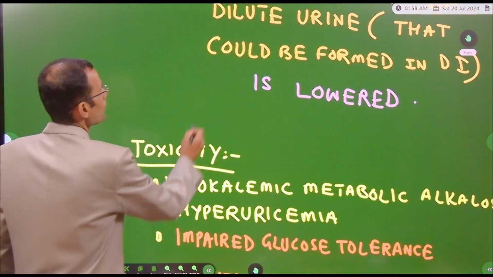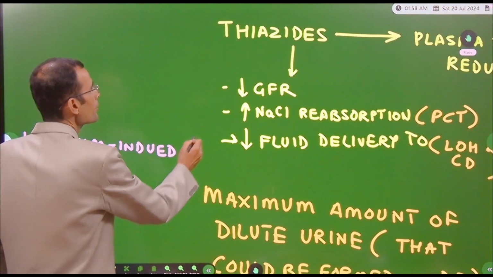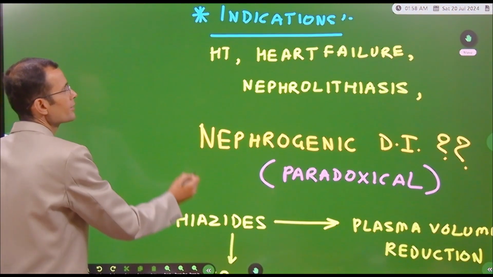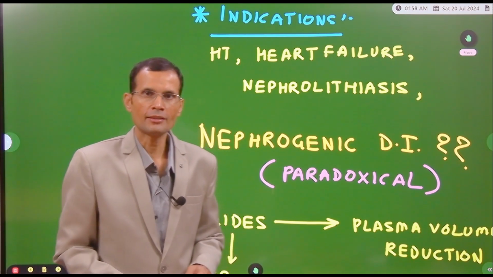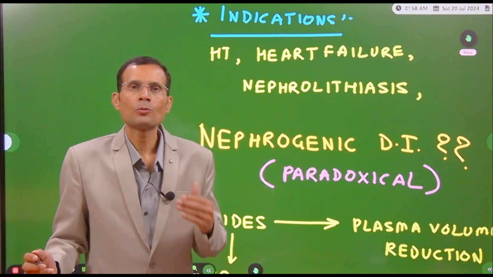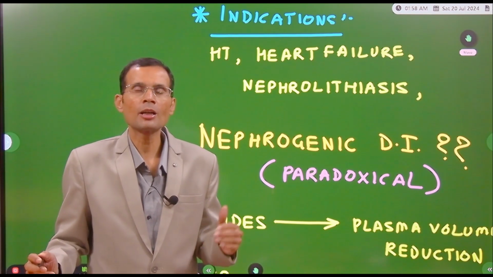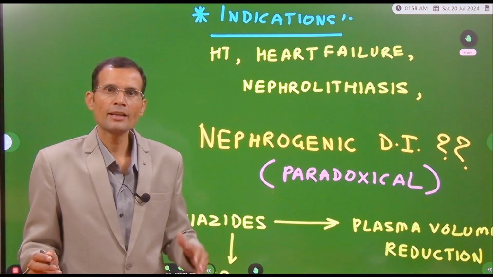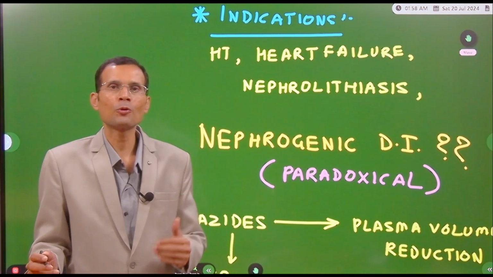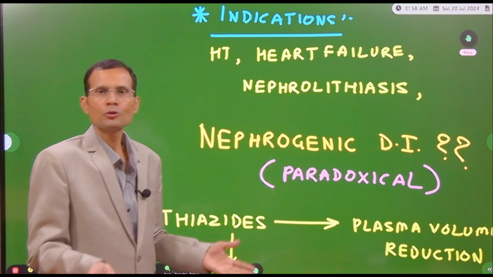All right. Now let us see the remaining part of the story. Indications and toxicity of the thiazides. In any condition where you need to decrease the circulating blood volume, thiazides can be given. Obviously, they cause diuresis and therefore they will be useful in such conditions.